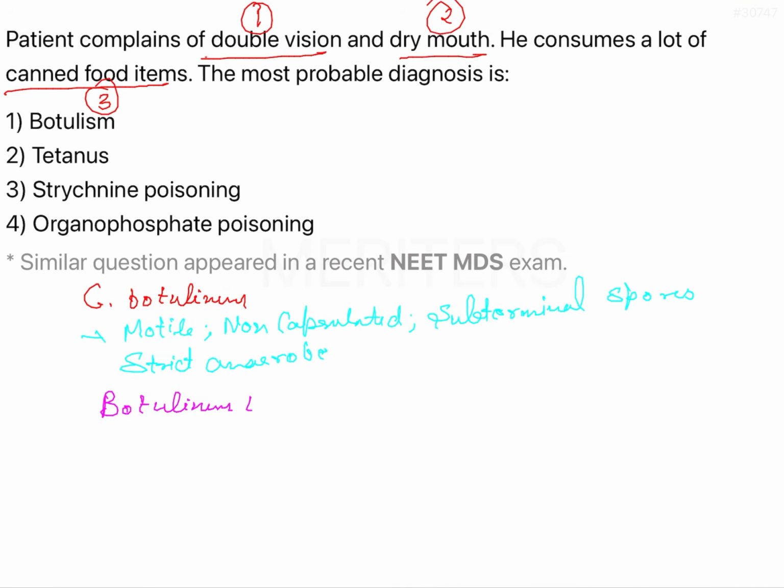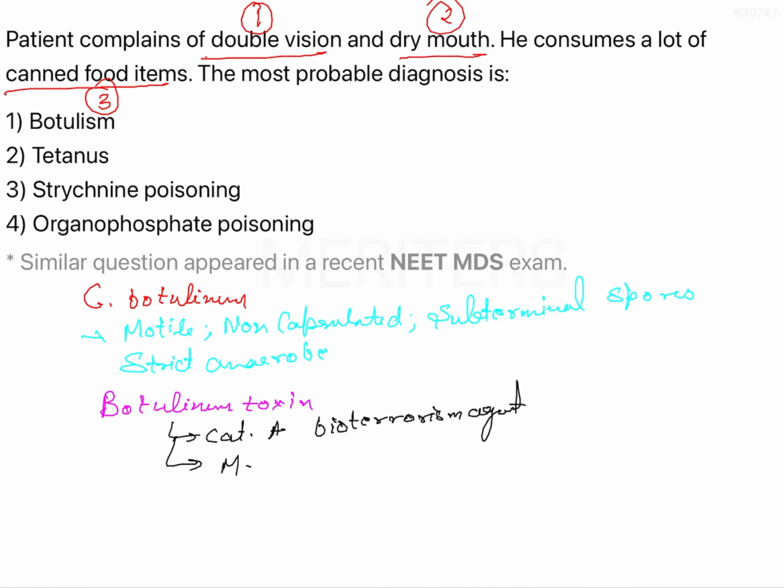Botulinum toxin. Now this particular toxin is basically a category A bioterrorism agent. It is interesting to remember and it can be asked as well. Then we have the most potent toxin.